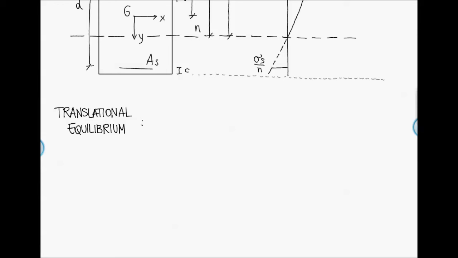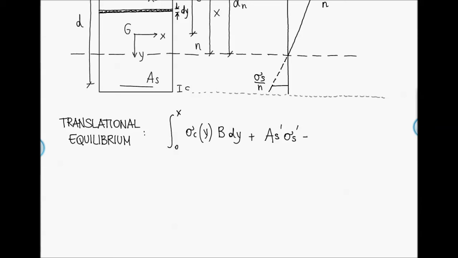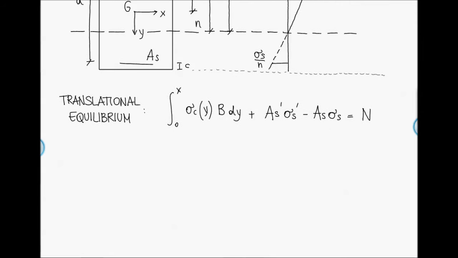For the translational equilibrium, we have to consider the resultant of the compressive stresses on the concrete, which is the integral between 0 and x, where x is the position of the neutral axis, of the generic stress sigma c on the y fiber by b, the width of the cross section, in dy, plus the resultant of the stress on the steel in compression, so AS prime by sigma S prime, minus AS sigma S equal to n, the external applied axial force. We can also consider the rotational equilibrium with respect to the neutral axis.